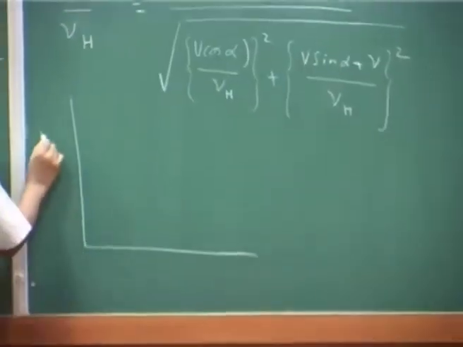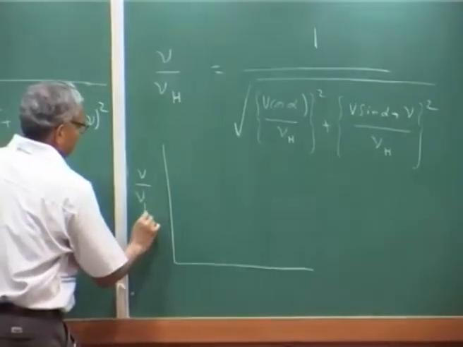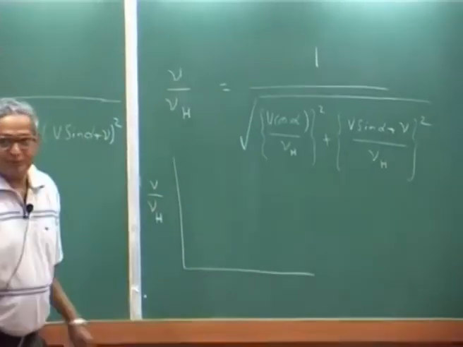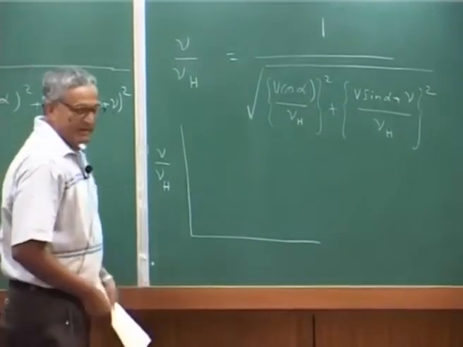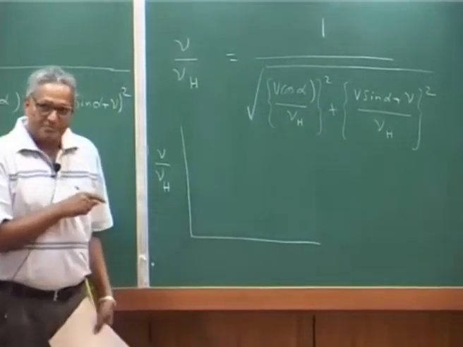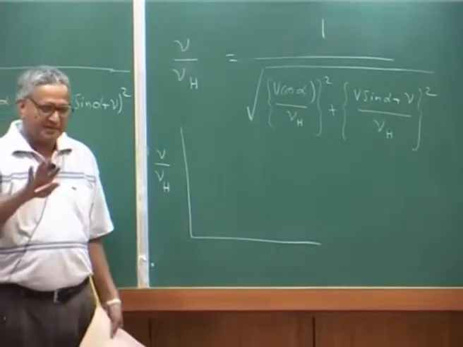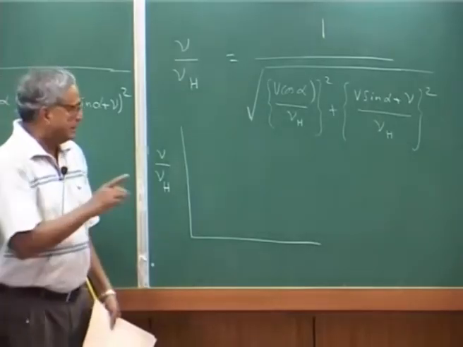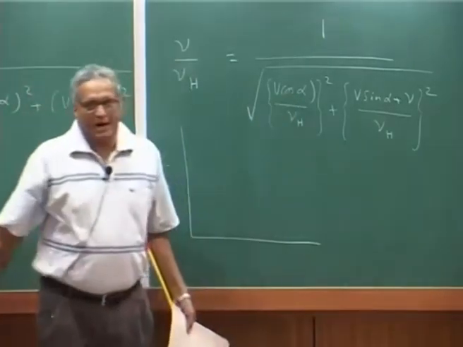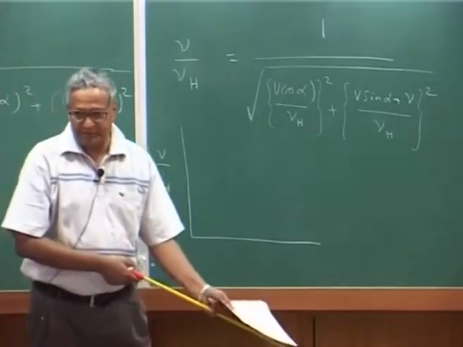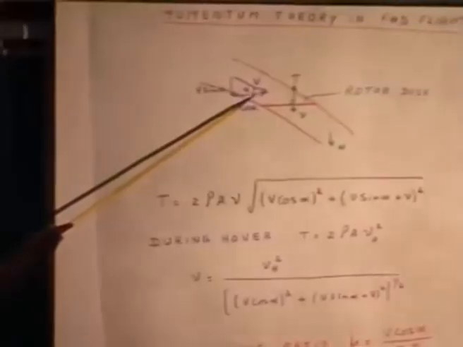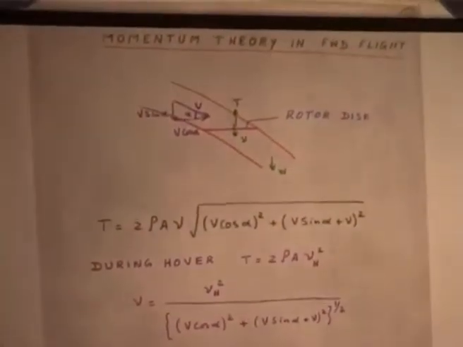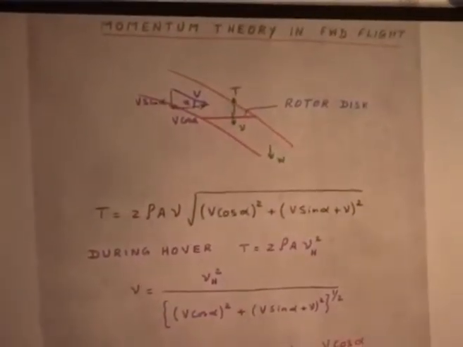This is nu over nu h, and on the x axis you have, because please understand this is just an indication, what is the value of alpha, that is the key. Alpha is the oncoming flow with respect to the horizontal.